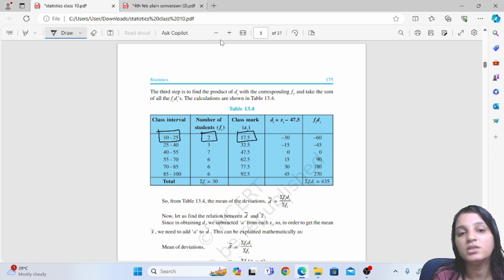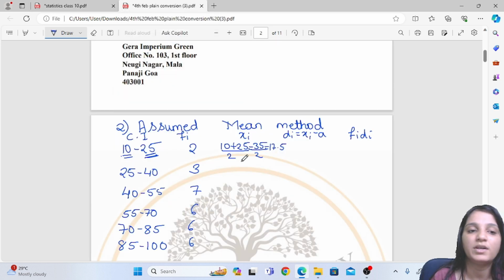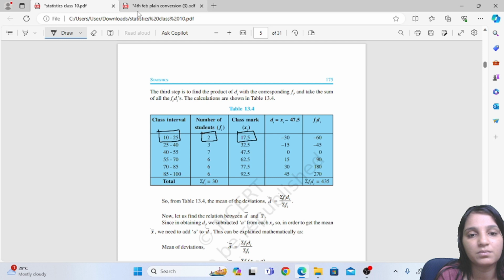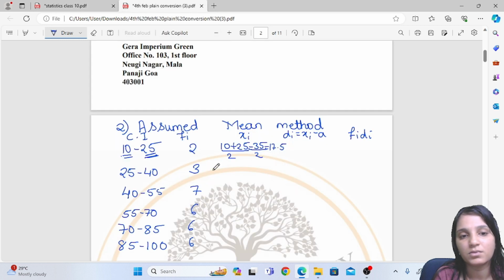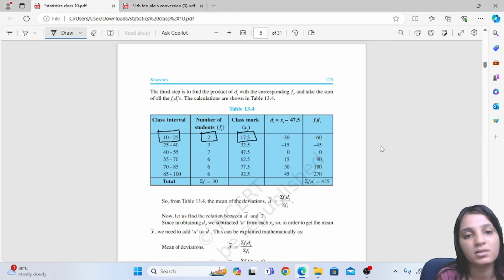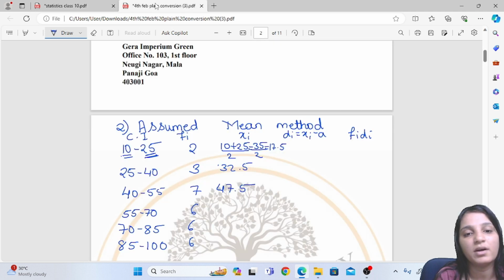According to this, we'll write 25 plus 40 upon 2, which is 32.5, 47.5, and then 62.5.